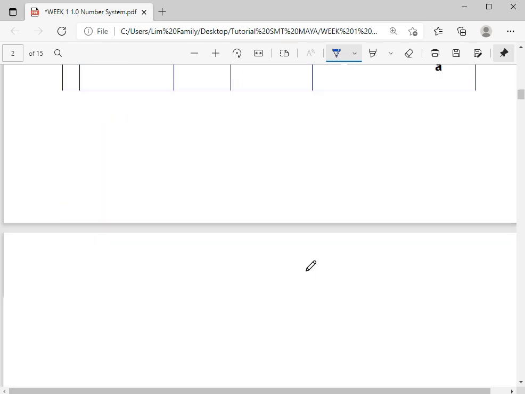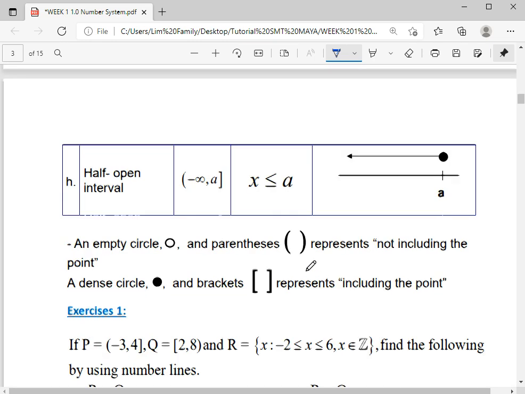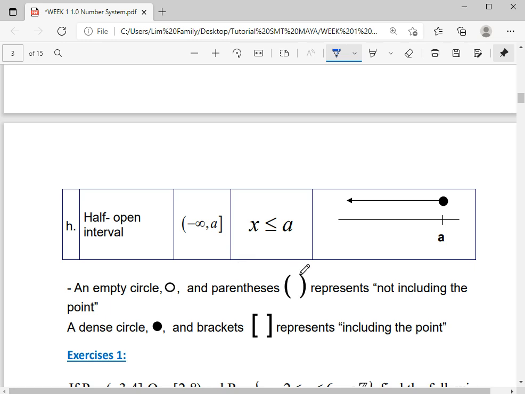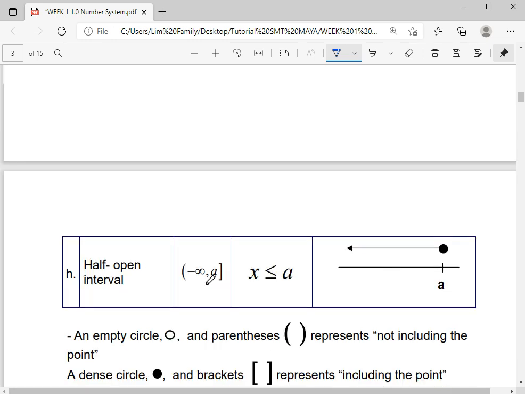So therefore we can see the notes here. When you have a parenthesis, this one, it means that number is not included. When we have a bracket, the box one, it means the point is included. When the point is included, we will have a filled circle. When the point is not included, we have an empty circle.